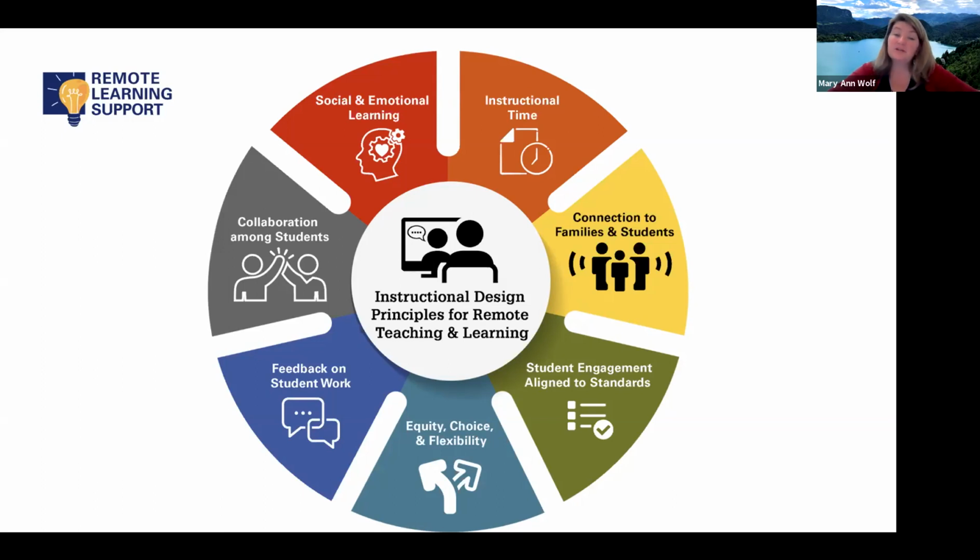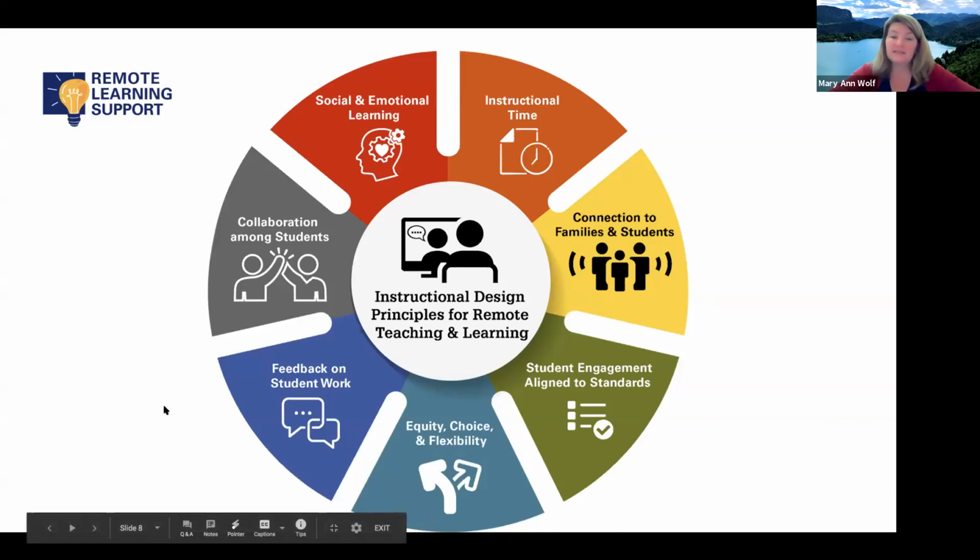I know in terms of learning differences, there are some special exceptions to that where we really do need to be looking at that. But we wanted to share with you this broader framework around connection to families and students and how important that is, the idea of student engagement and where it aligns to standards, and in particular in this webinar, equity, choice, and flexibility.